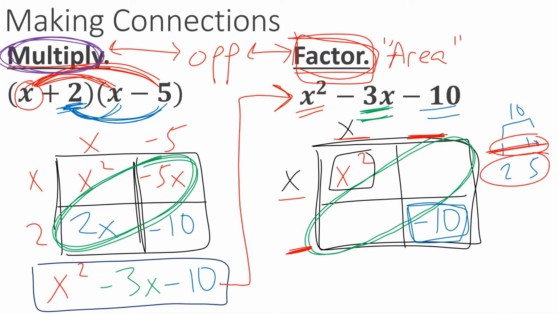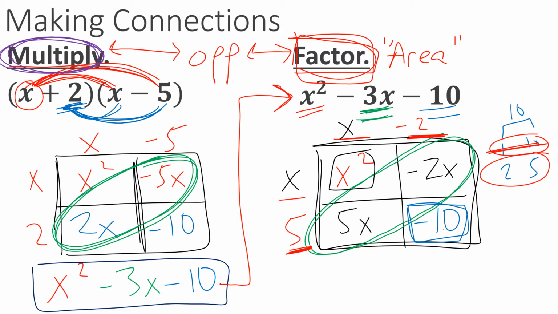So let's check the 2 and the 5. I'm going to put 5 here and 2 here. And again, I know one of them has to be negative, so what if I make the 2 negative? Well, if I multiply to get the areas inside to check, because I know 5 times -2 is -10, here I get -2x, and here I get 5x.